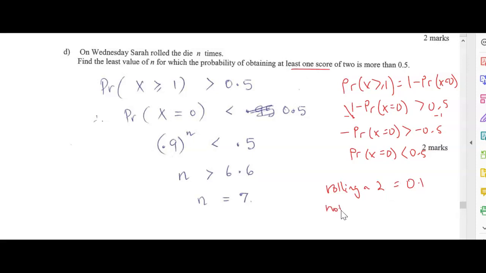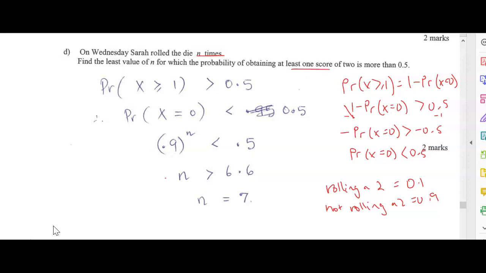So not rolling a 2 is 0.9. So that's where the 0.9 has come from. And we want to know how many times we have to roll it. So how many times do we not roll a 2? Okay, so it's 0.9 to the power of n. And then you're just solving for n.